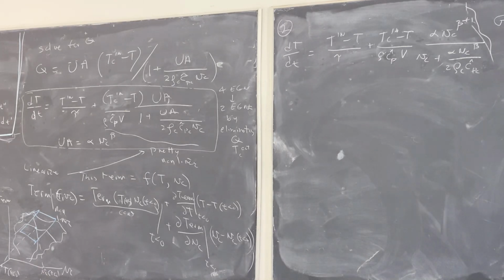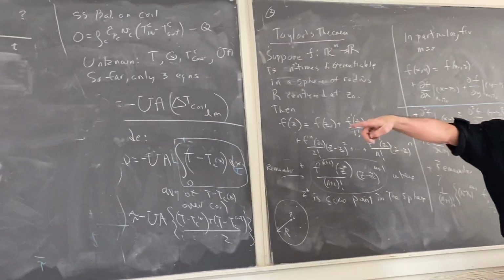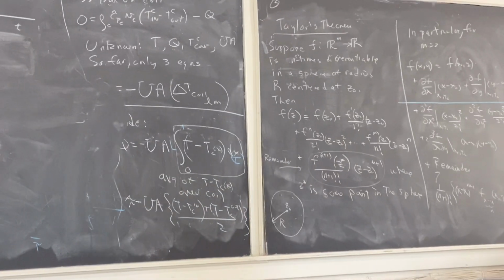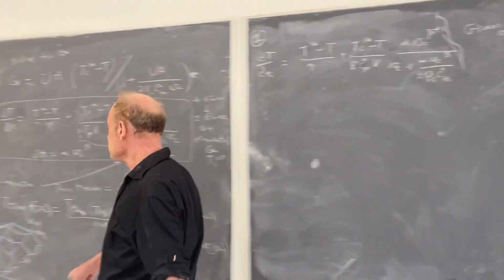It's exactly this equation here. The value at x, y is the value at x0, y0. That's the t less than 0 value, the initial value, which is the value about which I'm doing my linearization.